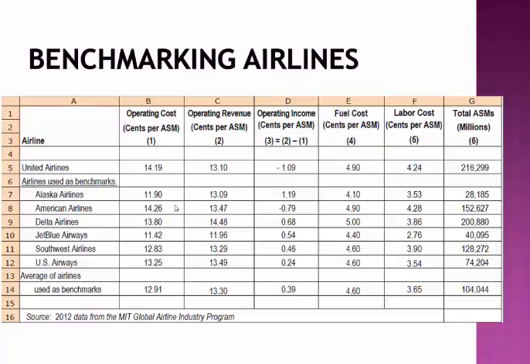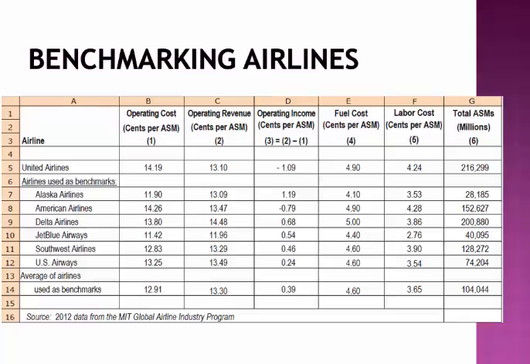Nope, it's American Airlines at 14.26. And if you look at the average of the airlines, it's 12.91. So United Airlines is more expensive to operate compared to the industry average.